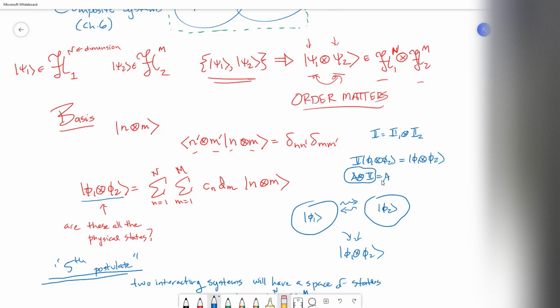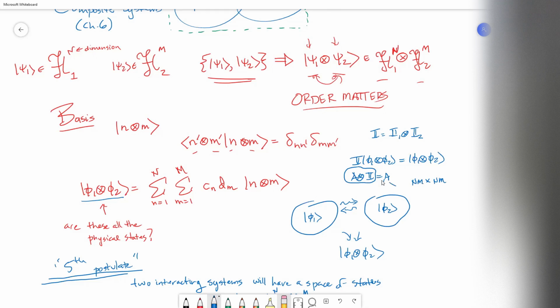It's got dimensions of the first bit times the second bit. If A is an n by n matrix, and this is an m by m matrix, then the whole thing is an nm by nm matrix. This is a very big matrix.